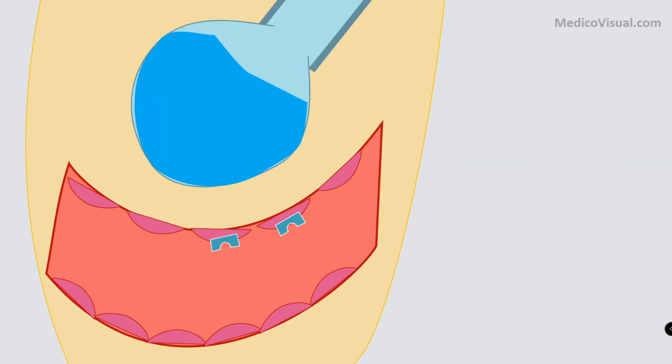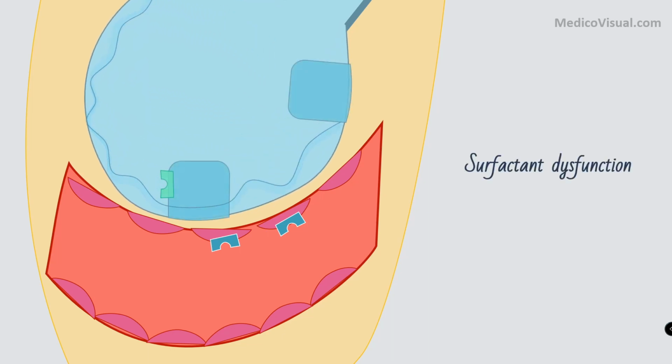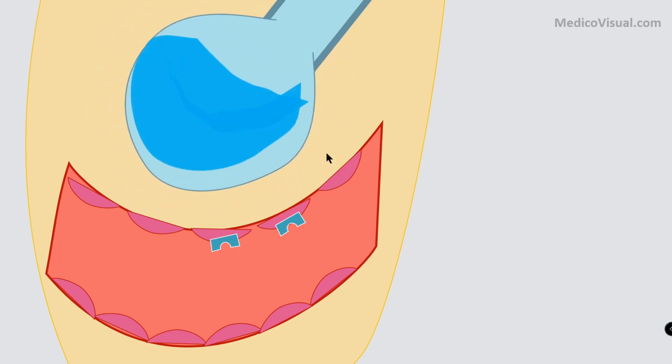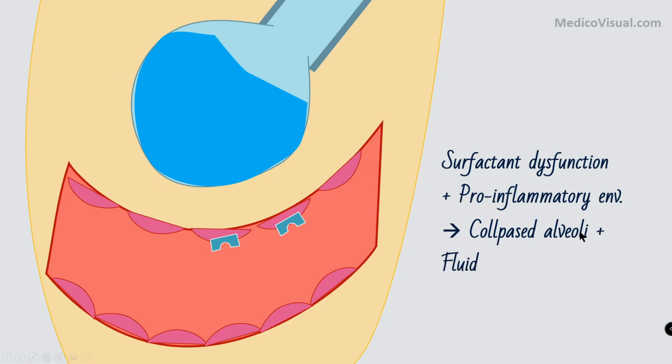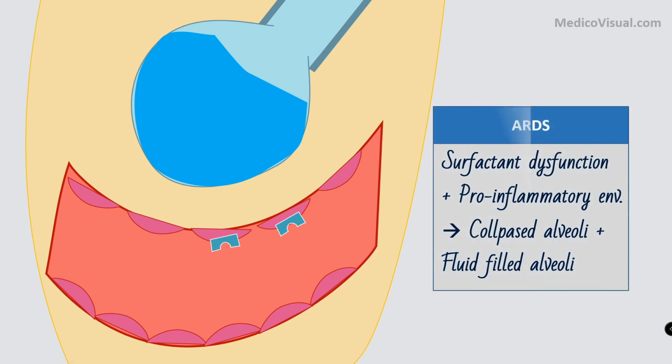So surfactant dysfunction plus a pro-inflammatory environment will lead to what? Collapsed alveoli plus fluid-filled alveoli, and the patient won't be able to breathe, and that's what we call respiratory distress, acute respiratory distress syndrome.